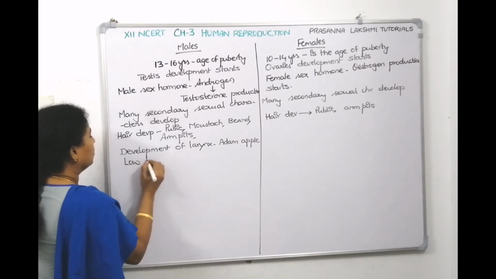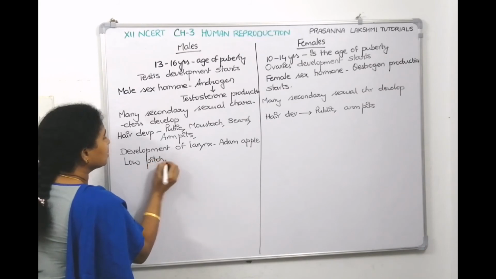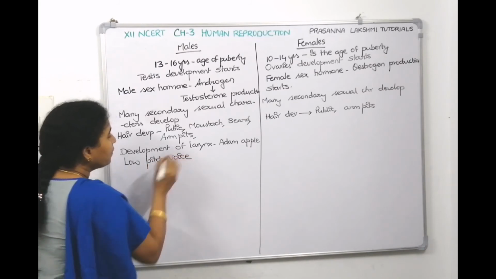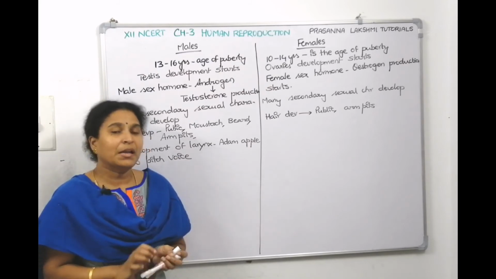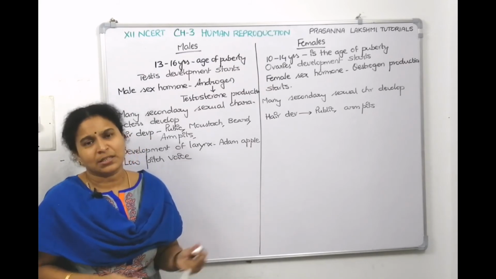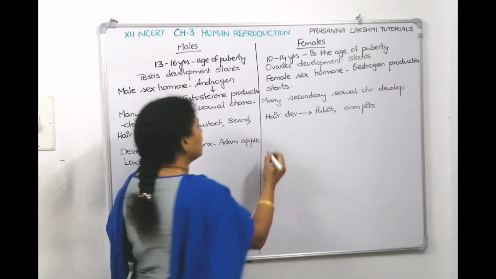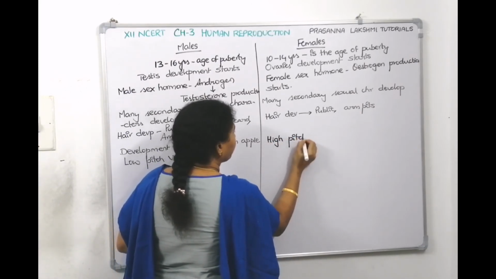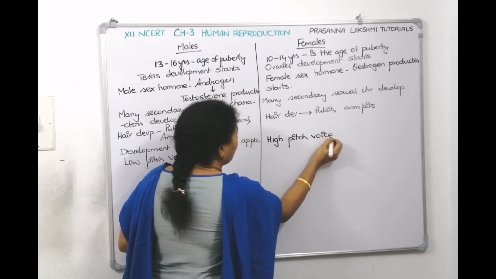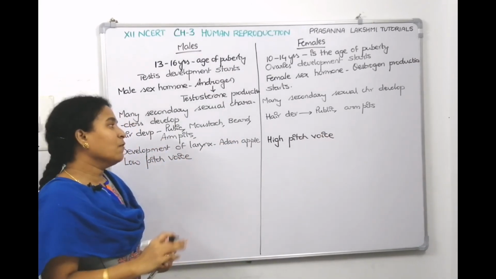So, voice changes during adolescence. Whereas that muscle development will not happen in females. So, in females, the voice will be high pitch voice and Adam's apple development will not be there. Low pitch voice in males, high pitch voice in females.